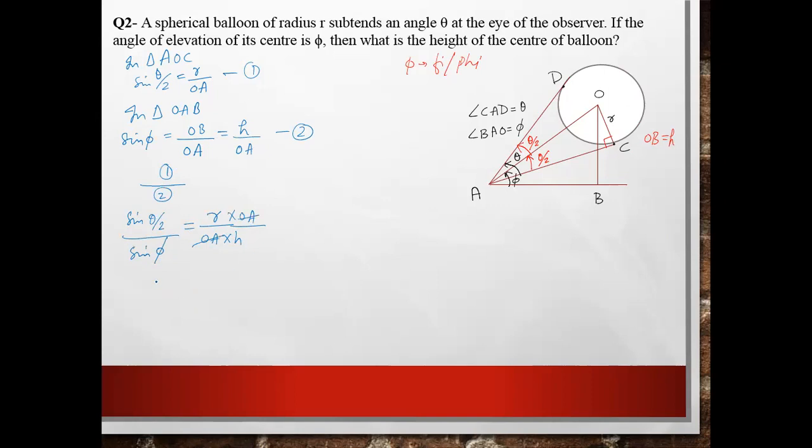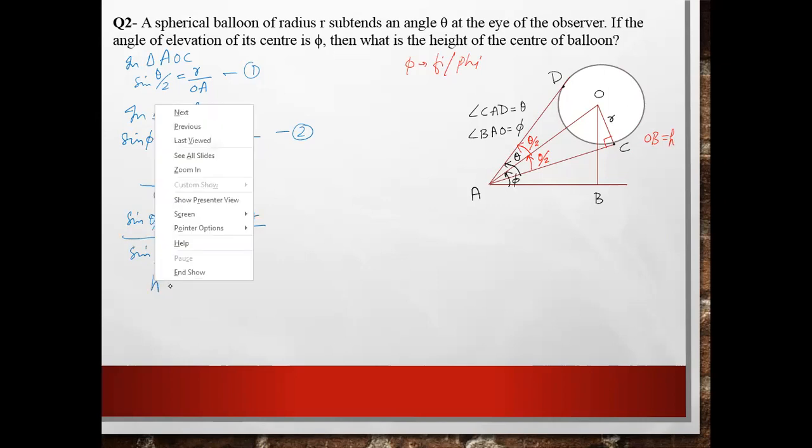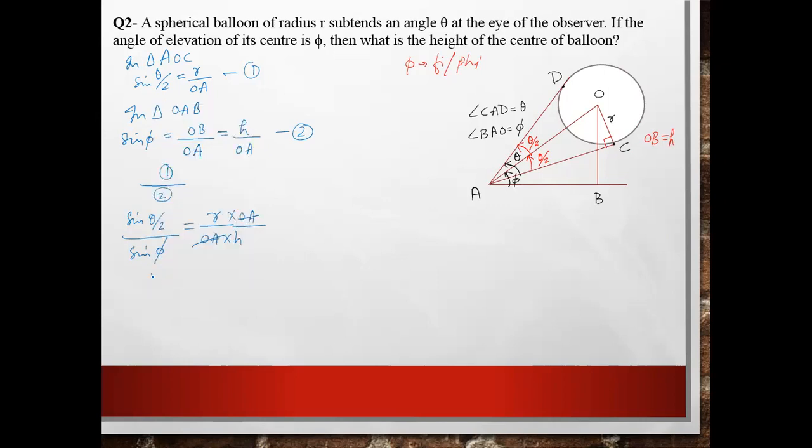So we'll be getting this. If I take my H over here, what will I get? R sine phi upon sine theta by 2, or I can write my result as R sine phi, and 1 upon sine theta by 2 is cosec theta by 2.